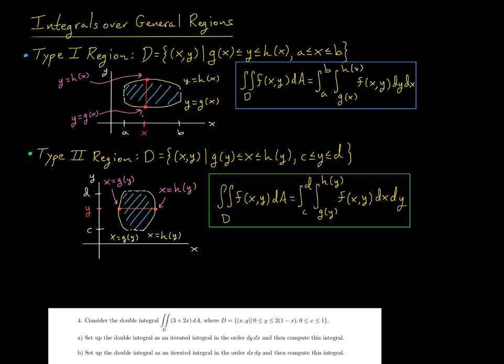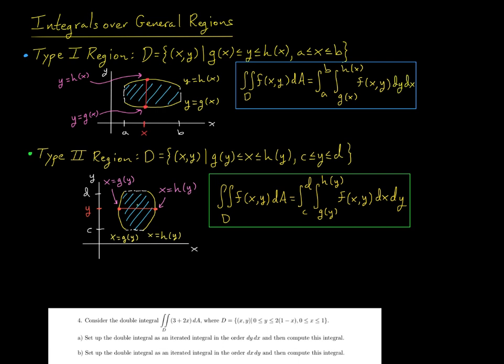Okay, and then x ranges from a to b. So if I want to integrate in the order dy dx, I fix an x, the outer variable of integration, and then I'm going to let y vary from the low bound of g of x to the high bound of h of x. So those are the bounds of integration for the inner integral, and then we're letting x range from a to b. So think about stacking these vertical strips to fill out our region D here in blue.